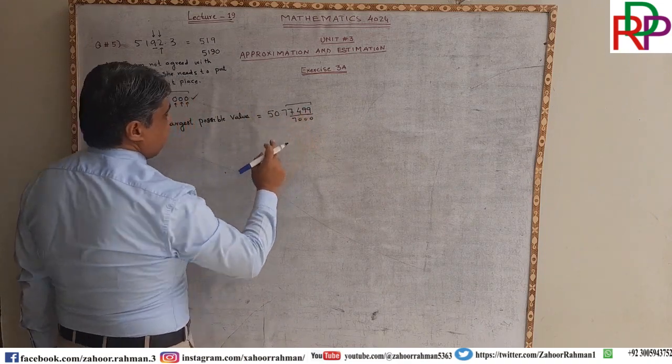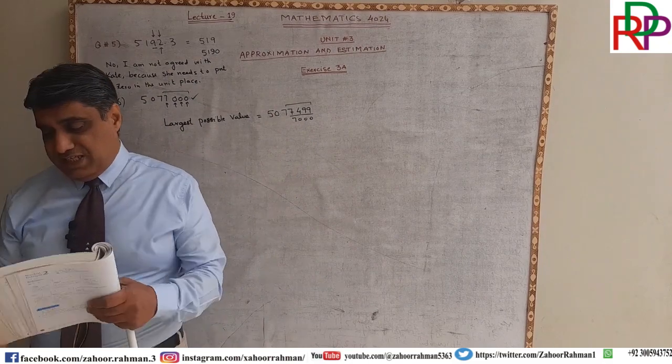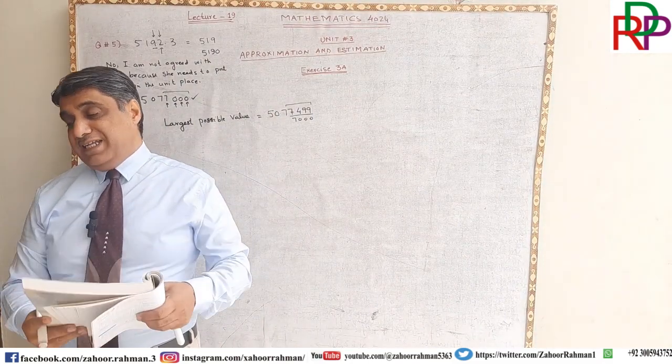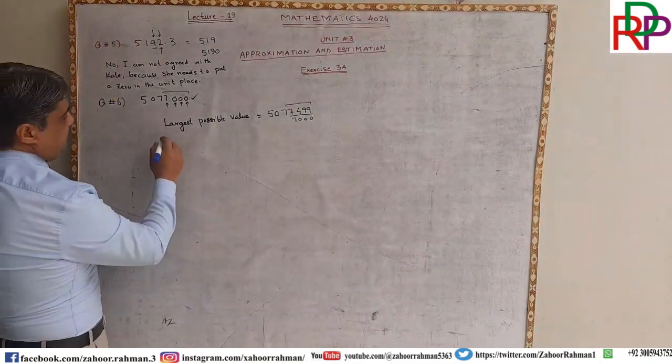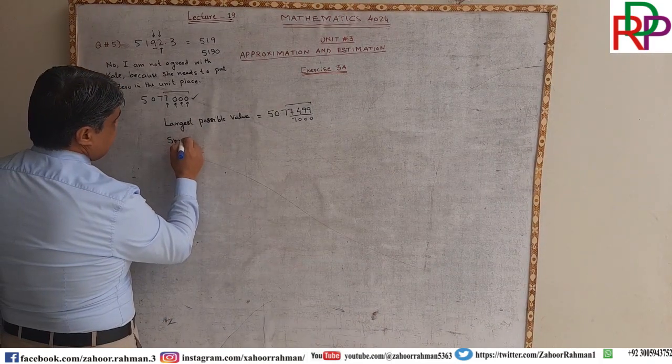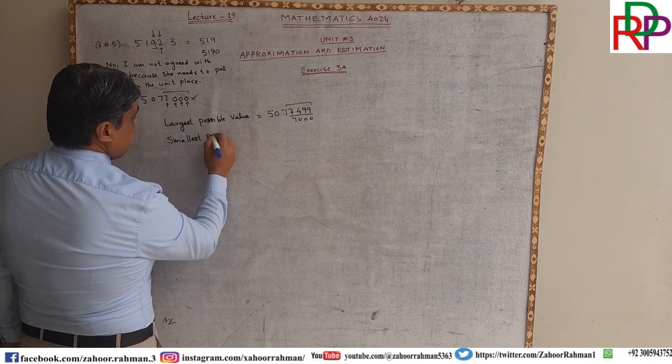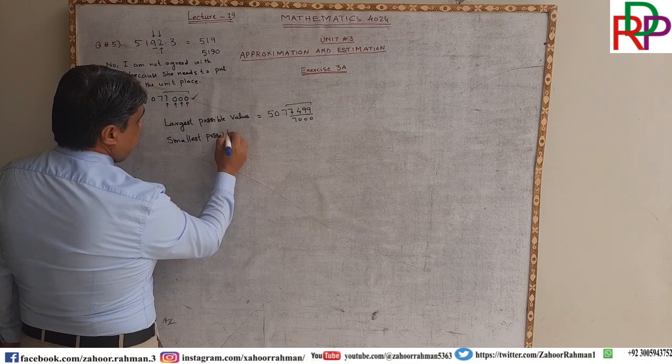So the largest possible value is this one, and they also want us to find the smallest possible value.